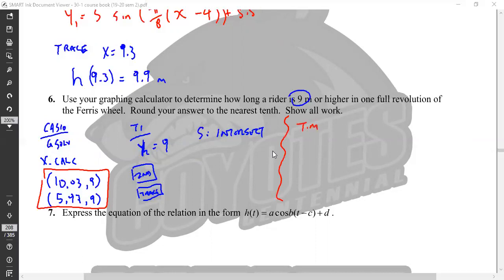And now once we have that, your time above 9 meters will equal the difference of those two things. 10.03 minus 5.97. It's equal to 4.1 seconds above 9 meters. So make sure you can do that on your calculator.